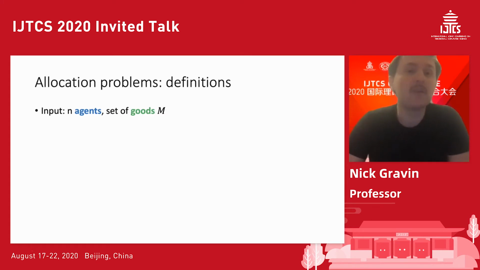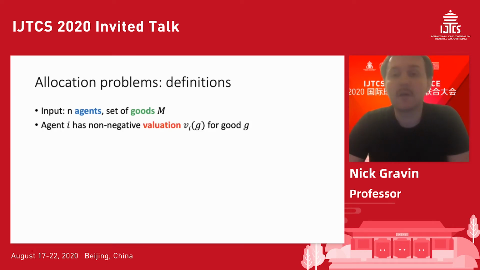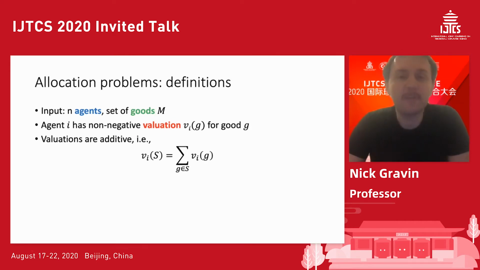Anyway, let me formally state the problem and the setting. In the allocation problem, we have a set of n agents and also a set of m goods. Each agent has a non-negative value for any particular good g. We will denote it as v_i(g) for any good g.